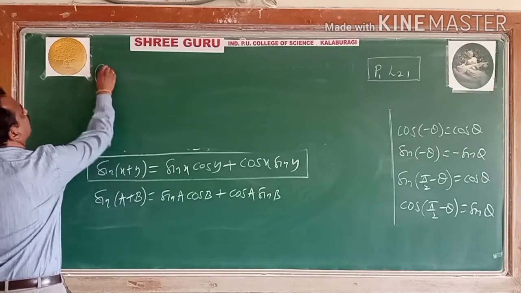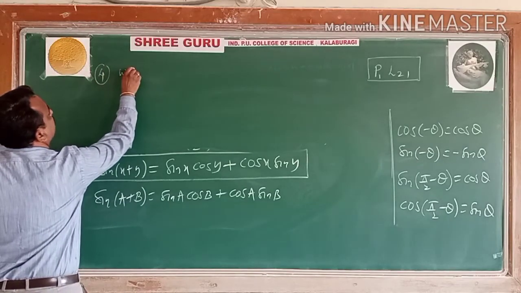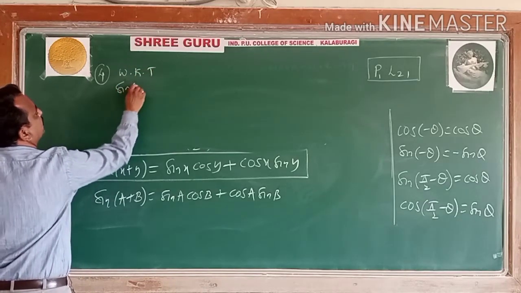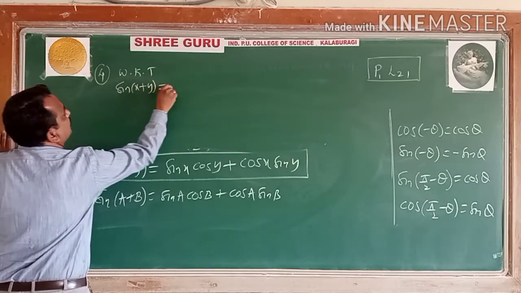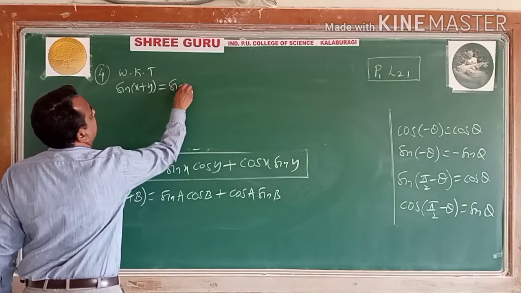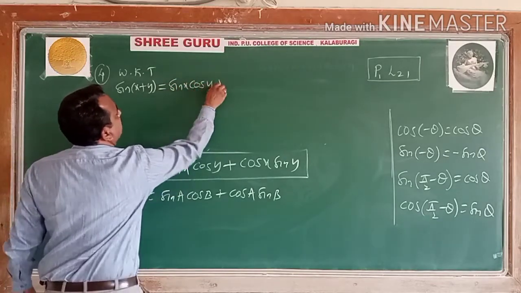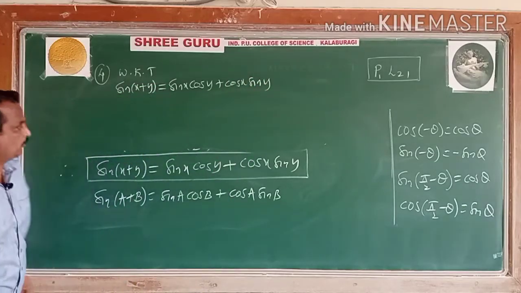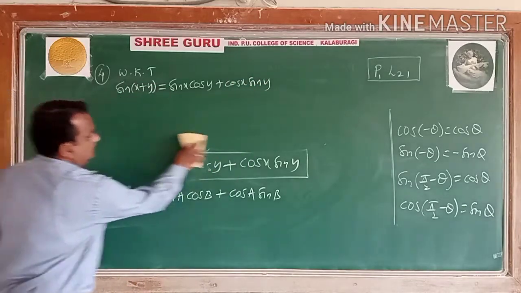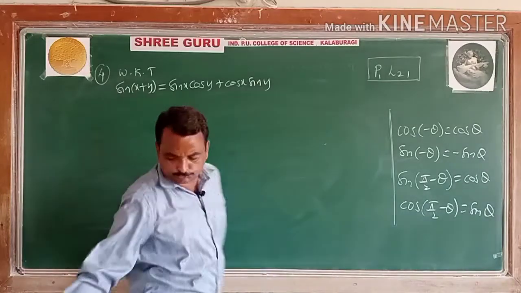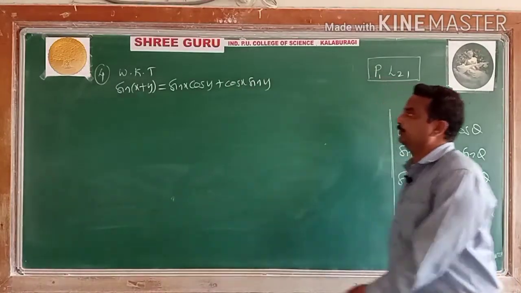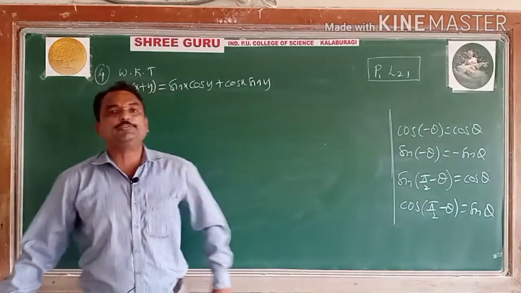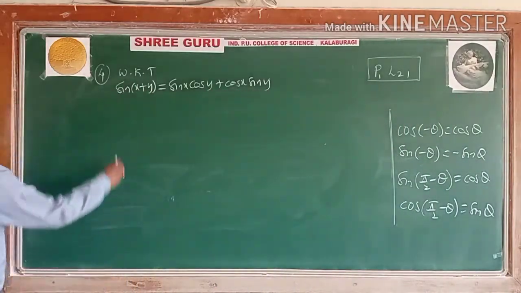The fourth one: we know that, just we have proved, sin of x plus y is sin x into cos y plus cos x into sin of y. We have proved this using the cos of x plus y formula. Now using this sum formula, we will go for the difference formula.